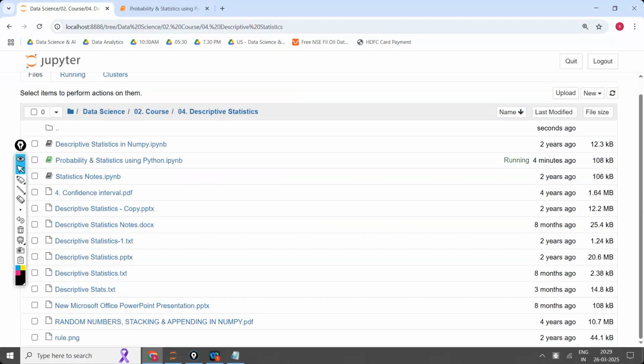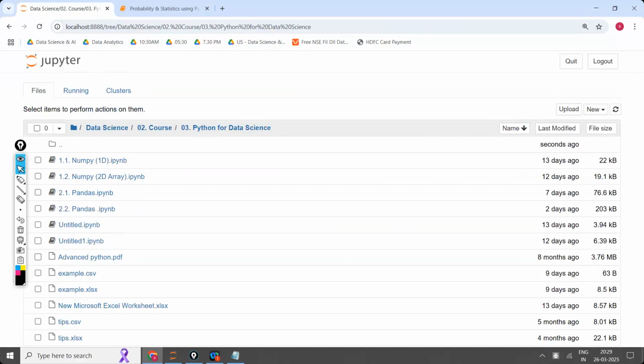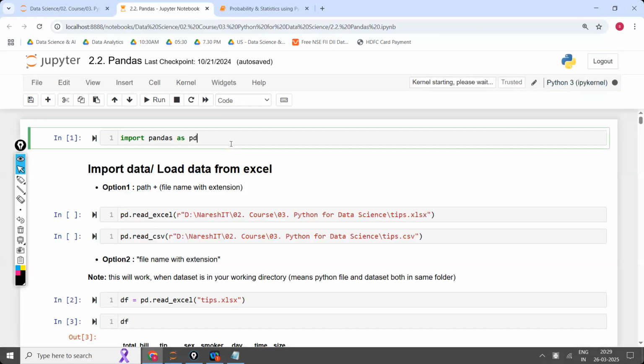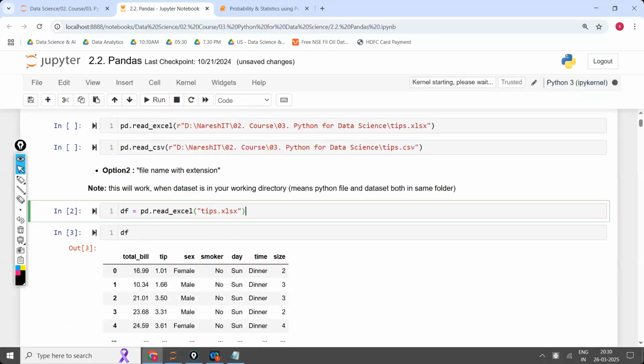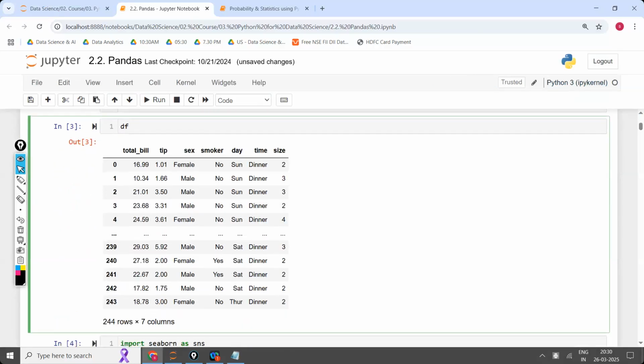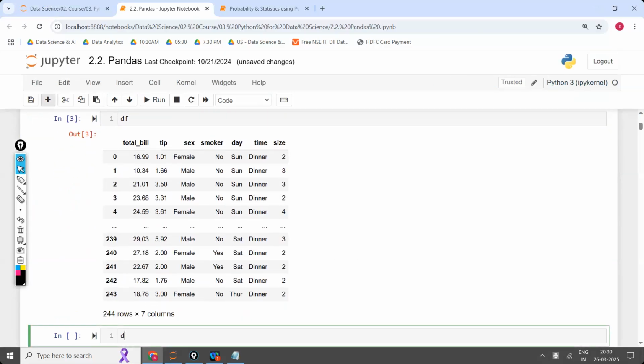Now, observe this. I'm taking pandas. Okay, this is the tips data set. After loading the tips data set, I'm going to take df.describe.